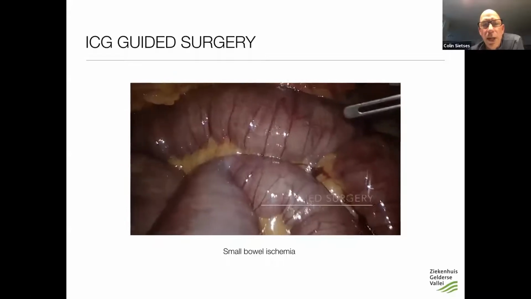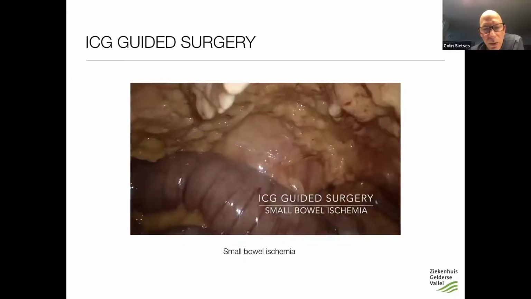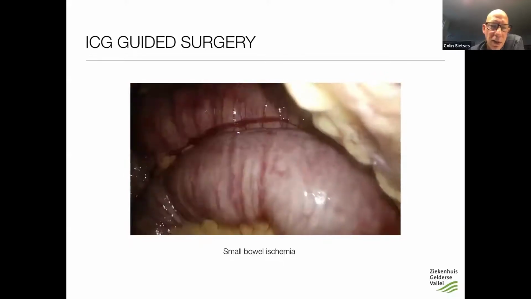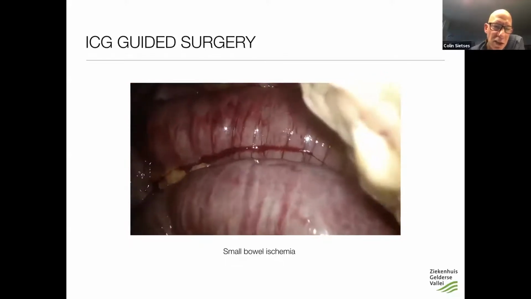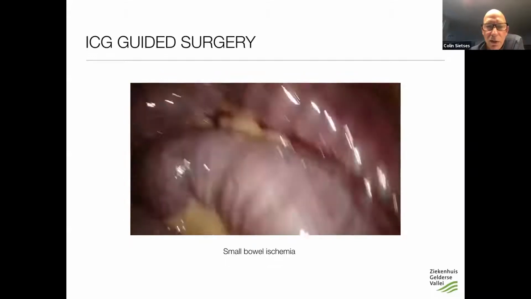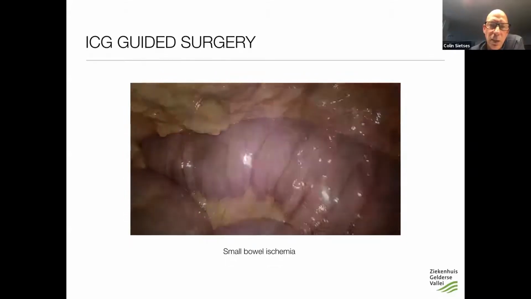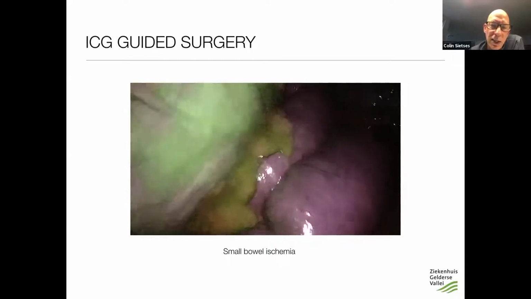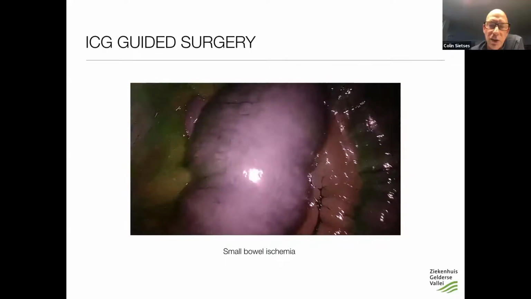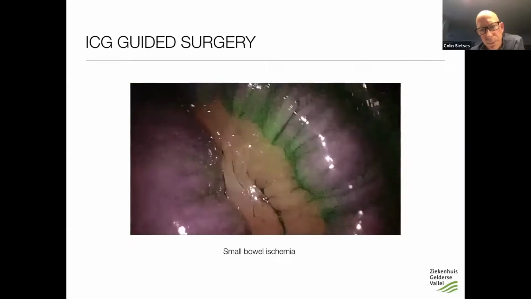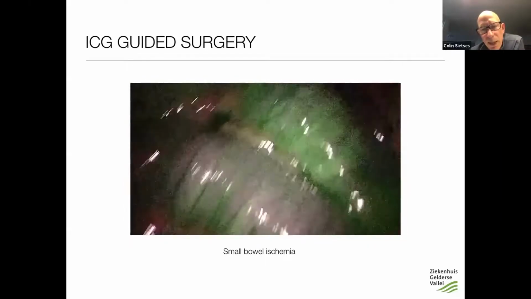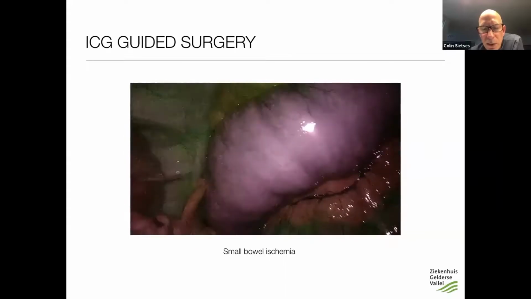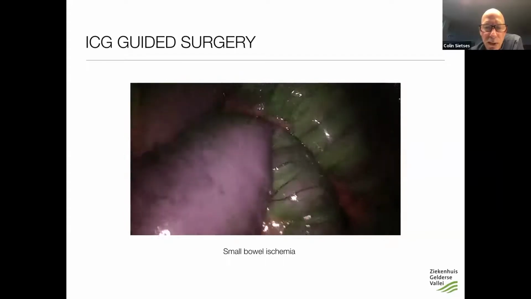Another example when you can use ICG is to exclude or prove small bowel ischemia. In this case, the patient's CT scan showed signs of small bowel ischemia, and we again decided to look with ICG, and you can clearly see that part of the small bowel wasn't vascularized properly, and we decided to do a laparotomy and asked the vascular surgeon to do a revascularization.